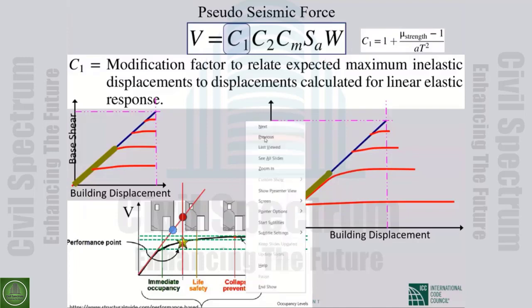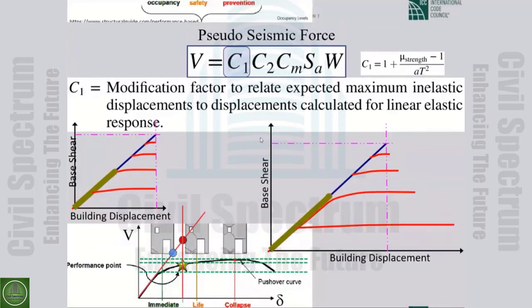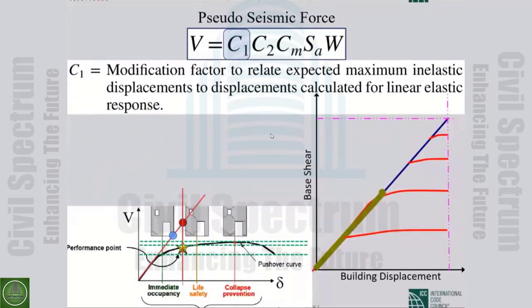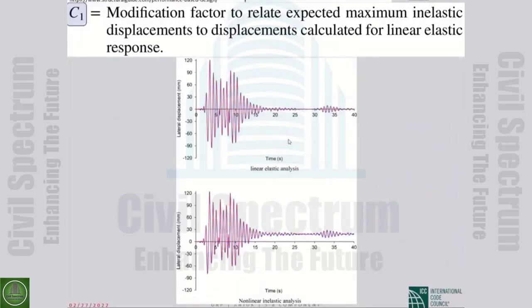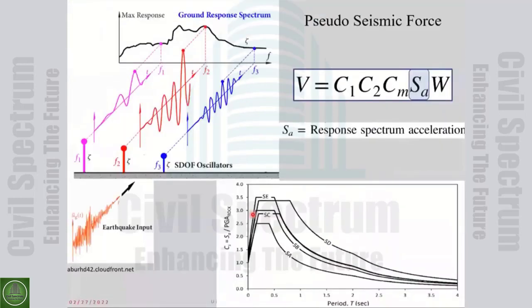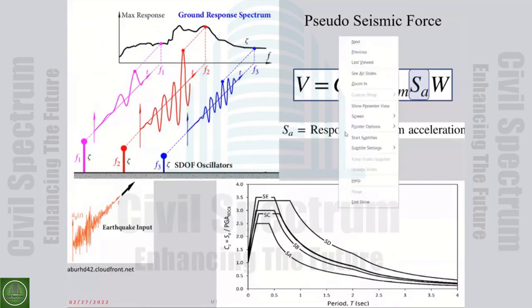I will just show something here. Usually the period of the soil is this one. For example, for different soil classes SA, SB, SD, the period of soil is this for each group. So for buildings resting on SA soil whose period is more than this value, the equal displacement principle applies.